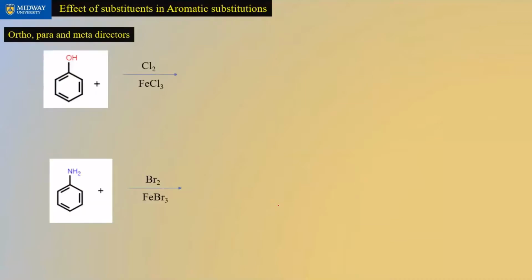Okay, let's do one more, and then I want you to practice these. So this is again an ortho-para director. So this is an ortho position, this is an ortho position, and this is a para position. I didn't mention this, but just like Br2 FeBr3, Cl2 FeCl3 will generate Cl plus. Again, when you're finished, you will only add Cl to the ring.